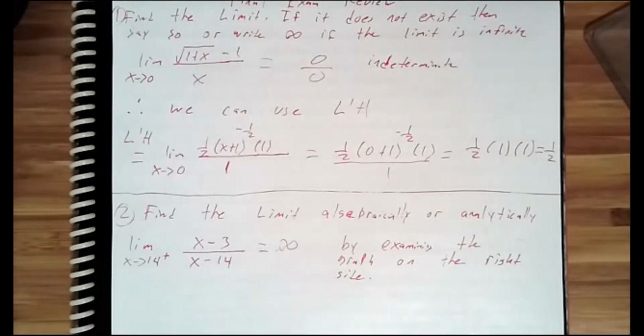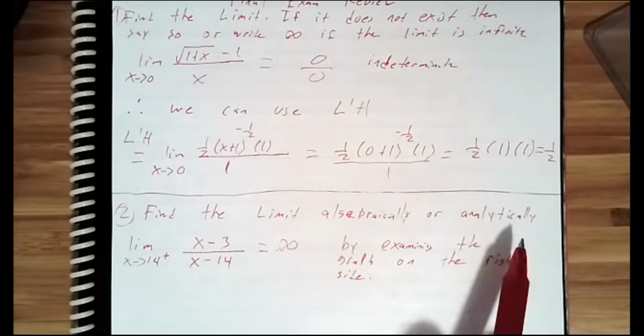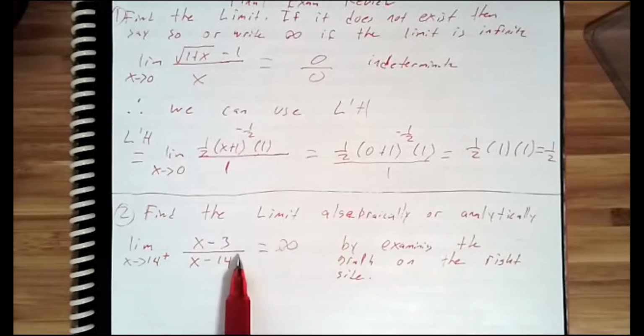Okay, now if you do it algebraically, you can multiply by stuff or try to factor. That's what they mean by algebraically. Analytically can be either with the graph or examining the values closer and closer to 14 on the right side.